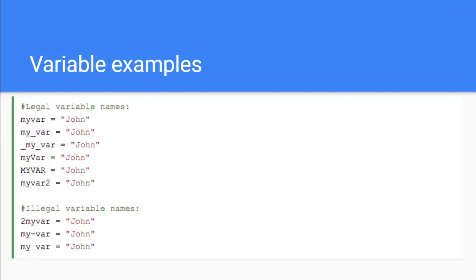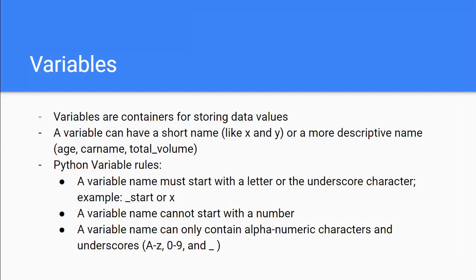So here are some variable examples, both legal variable examples and illegal variable examples. As you can see, the legal variable examples are myvar, my underscore var, underscore my underscore var, myVar, and capital MyVar2. They all work because they all follow the rules stated in the previous slide.